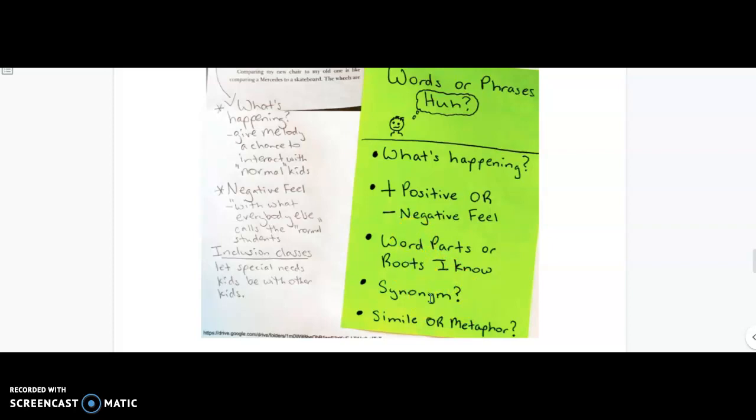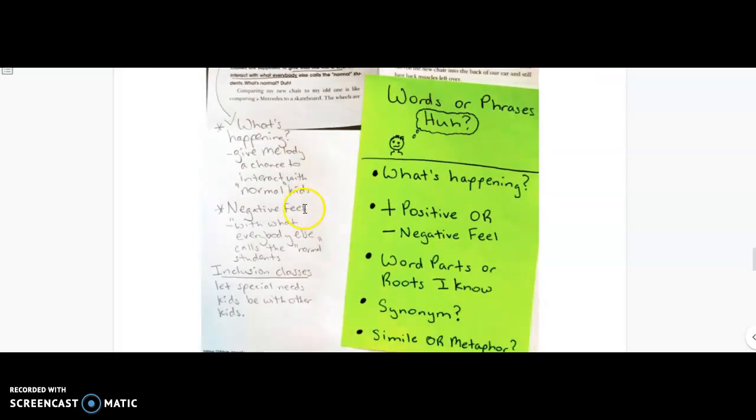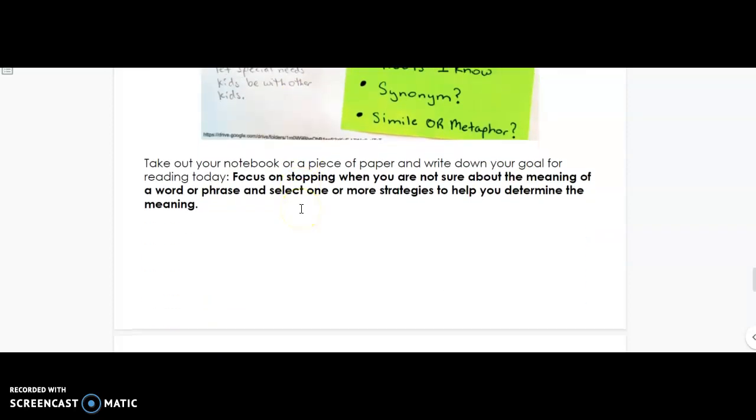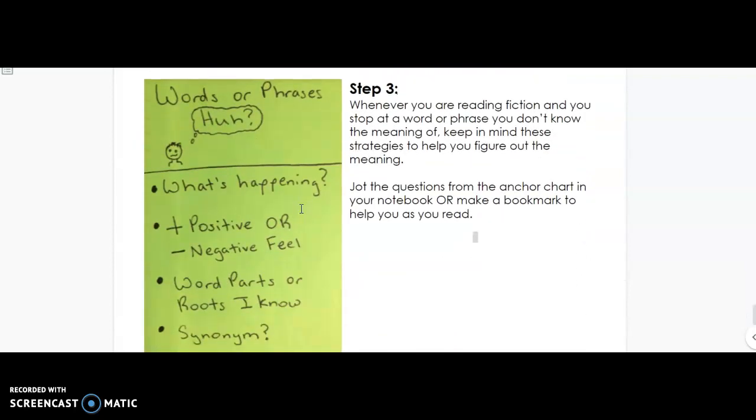I can use these strategies when I'm trying to determine a word or a phrase or even a whole section that I don't know. Today I want you, when you are reading anything, fiction, nonfiction, whatever, to stop at a word or phrase that you don't know.